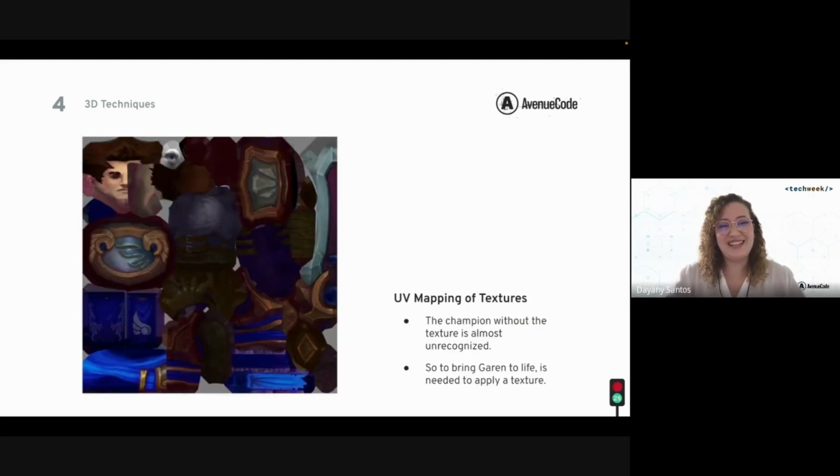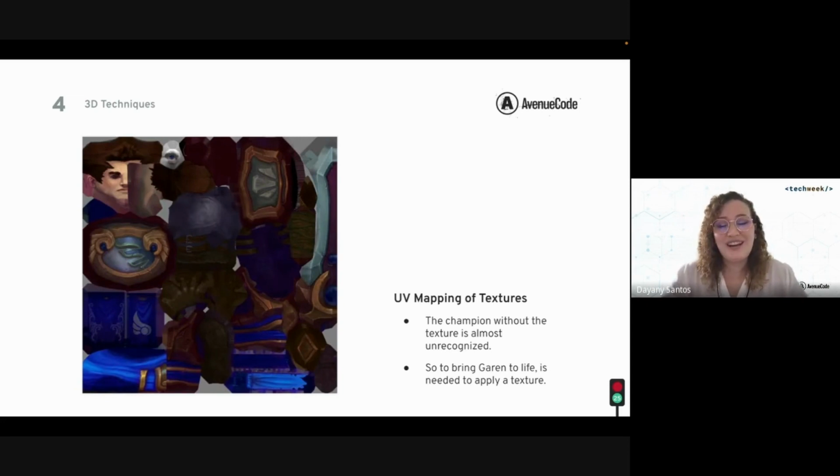This is the texture, a crazy texture, but this is the texture of the champion. And now it will be used with the UV mapping of textures. The champion without the texture is almost unrecognizable, like the plate of breakfast that I showed you.